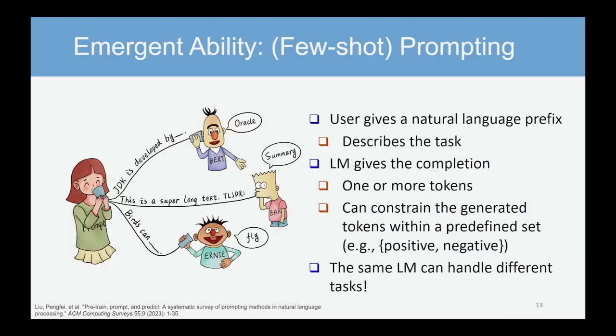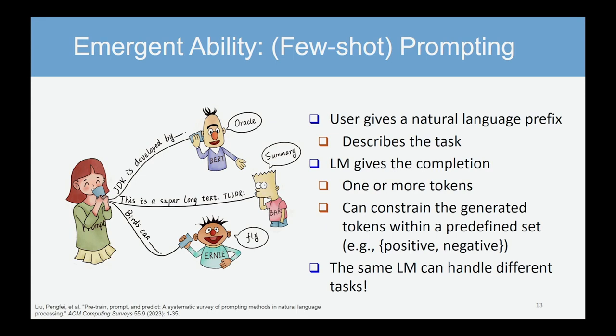You present a movie review to it, it tells you positive, negative, maybe neutral, but nothing beyond that. But prompting is a nice way: the user gives a natural language prefix, and that prefix can define a task. For example, "JDK is developed by ___." The answer might be controversial, but BERT can successfully give you some reasonable guess, like Oracle.